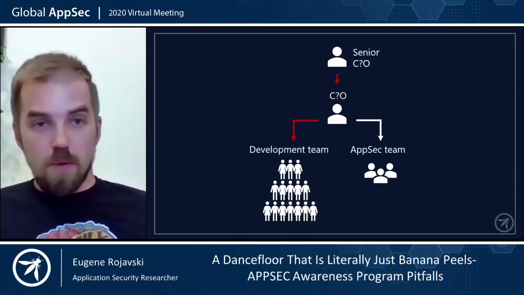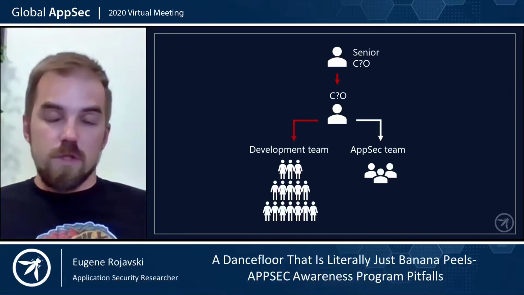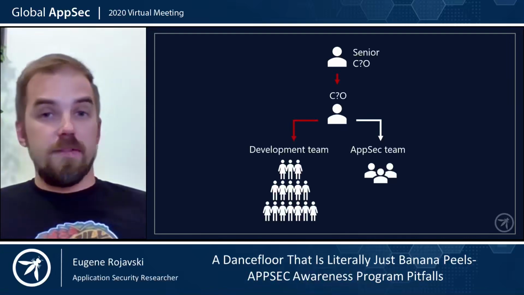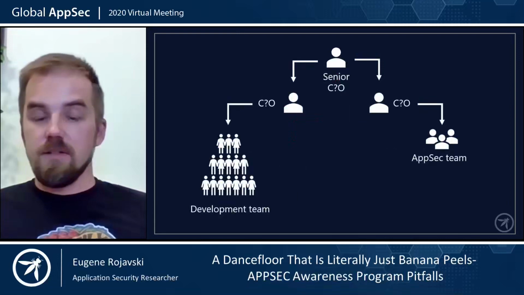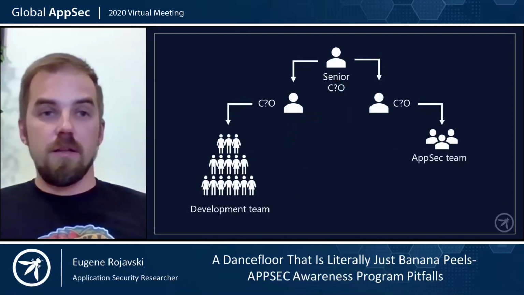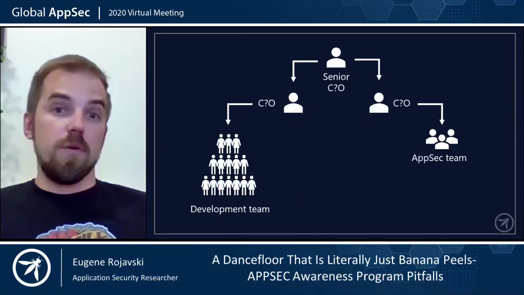And also, we didn't have support of the development team who just sabotaged whatever we did. But there's a worse case. When AppSec team is under a different C-level manager than the development team, then you need to convince even more people.